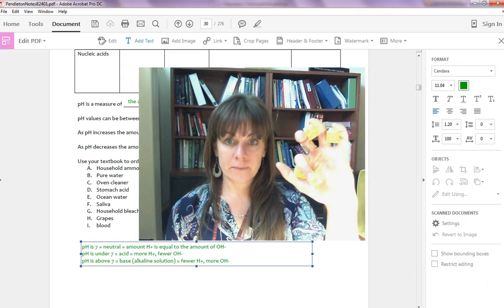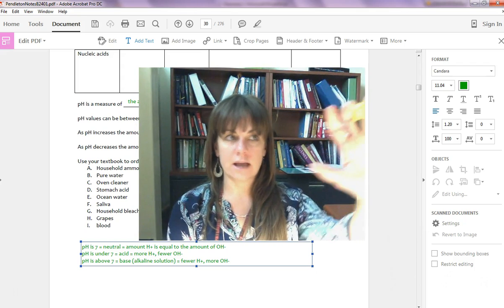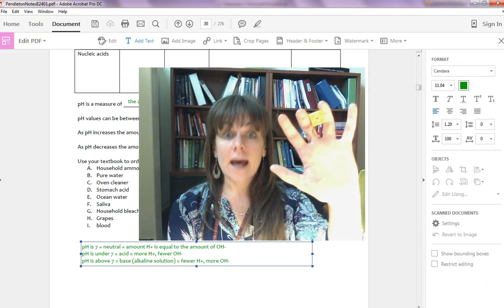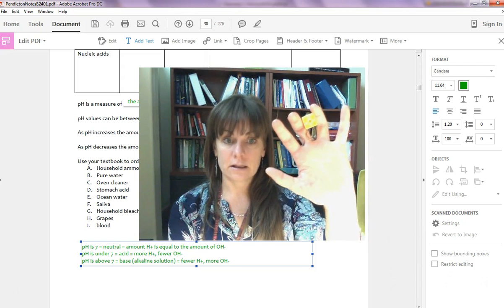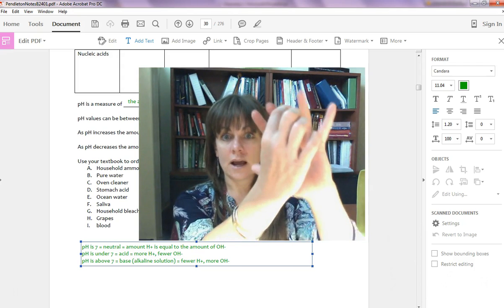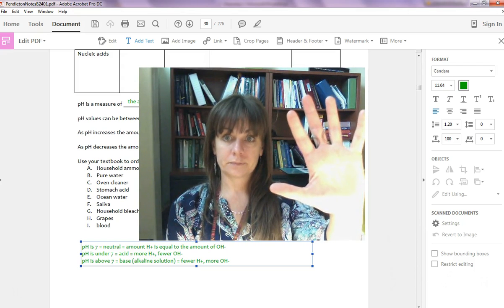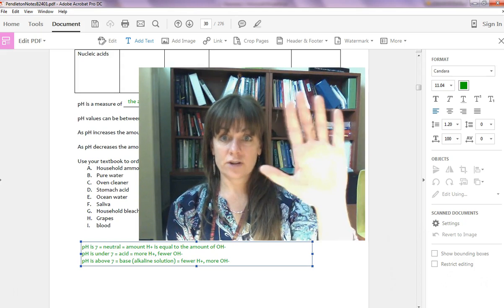Now let's go back to normal. This is how my hand has to be to function normally. But let's say now we're in a solution, say the blood is too basic, too alkaline. Well then, these hydrogen ions that it would normally grab onto float away. They go away. Now, is our structure the same?